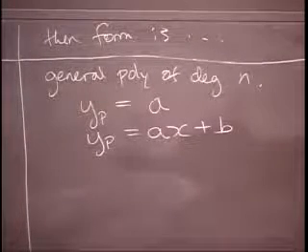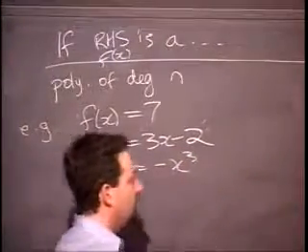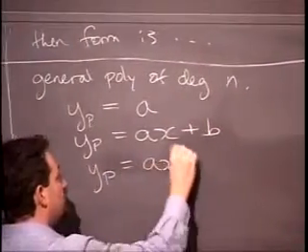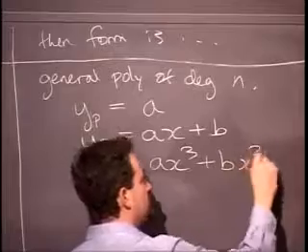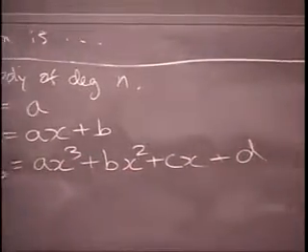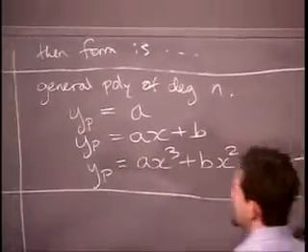Another example, if f of x is, say, minus x cubed, then the form would be ax cubed plus bx squared plus cx plus d, and you'd have to find all 4 of those constants. So polynomials, pick the degree of the thing, and just write down a general polynomial of that degree.